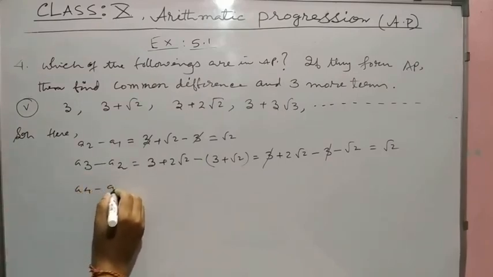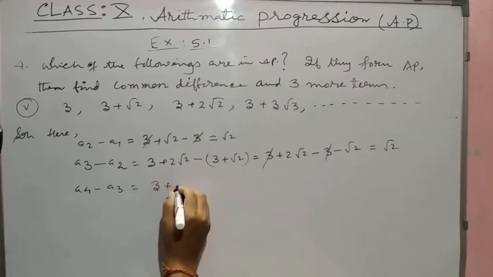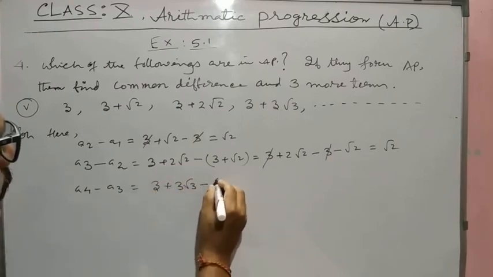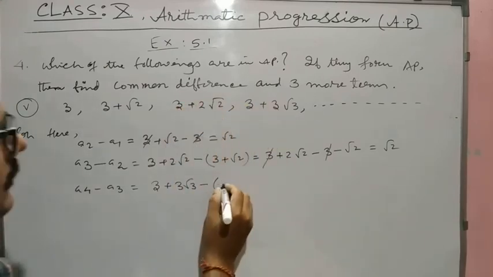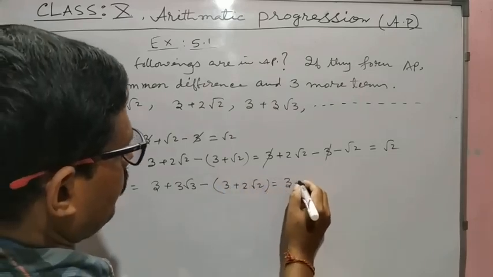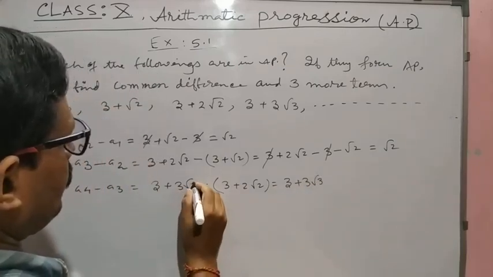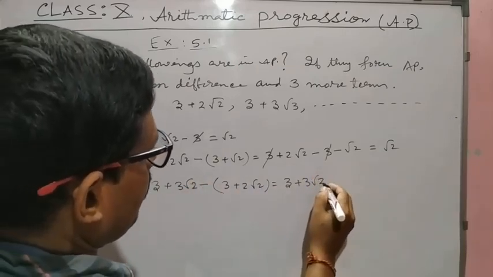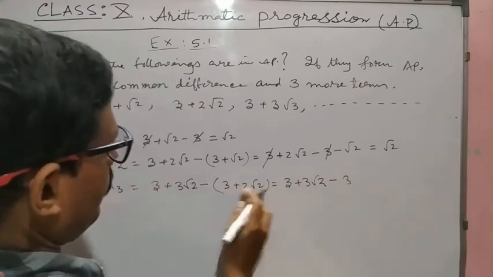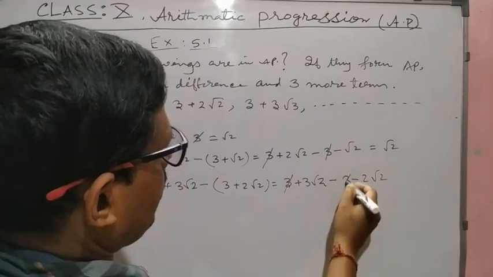Again A4 minus A3. 3 plus 3 root 2, this minus this. So it will be 3 plus 3 root 2, minus, on removing bracket we get this one. So this cancel.